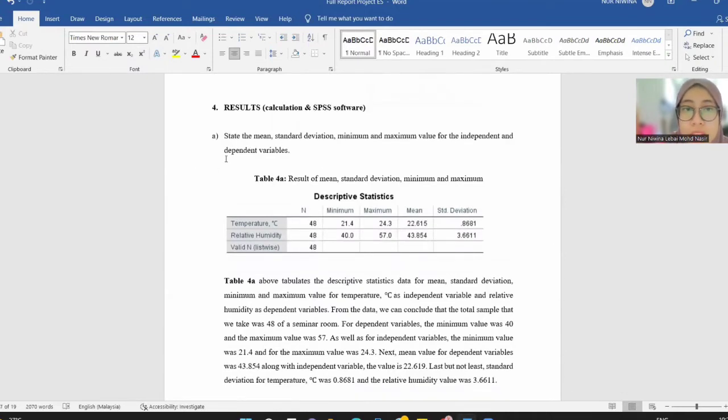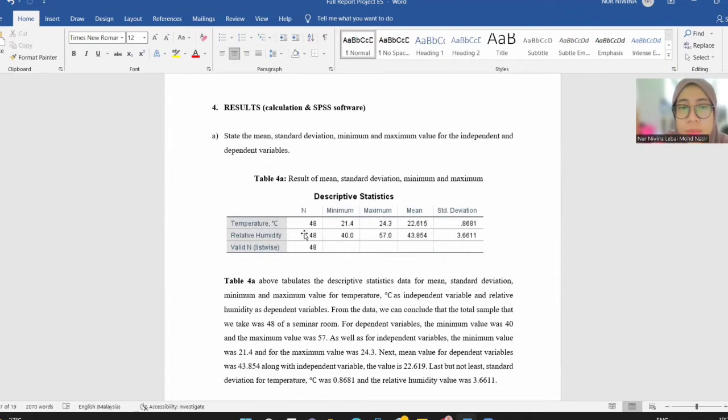The question is: state the mean, standard deviations, minimum and maximum value for the independent and dependent values. We have used SPSS software to find them. The sample size is 48.